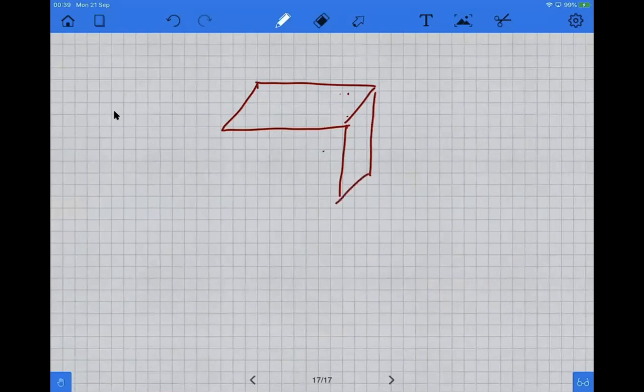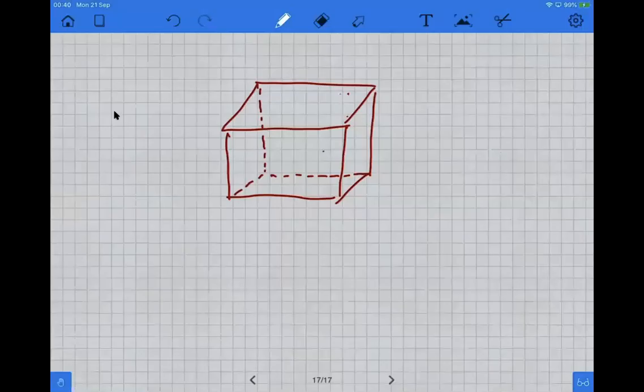If I call this side face P, the front one Q, the back one R, and this is S. So these are the side faces. Q is the front face, R is the back face, P is on the right side, and S is the left side.